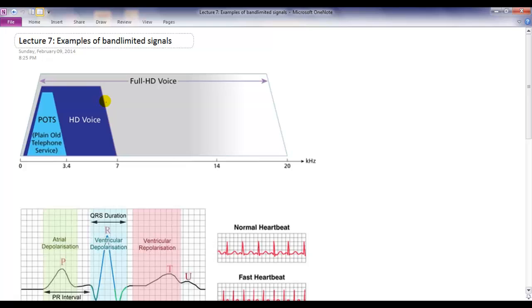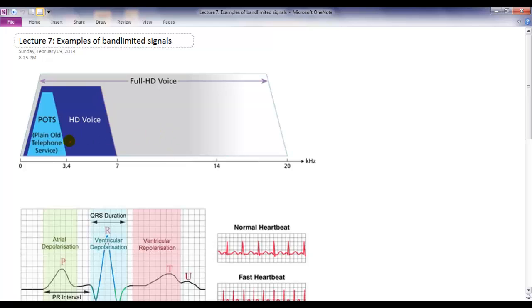So if your purpose is to just talk to someone over the phone, you can treat voice as band limited to 3.4 kilohertz. In reality, how do you do that? You use a filter before you do the sampling, and we'll study that later. Before you do the sampling, you actually throw out all the frequencies above 3.4 kilohertz.